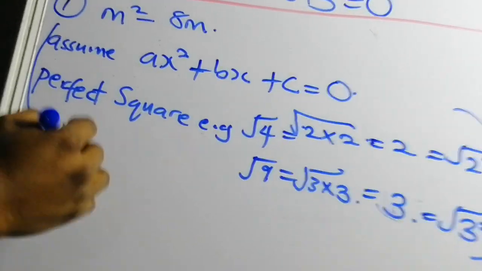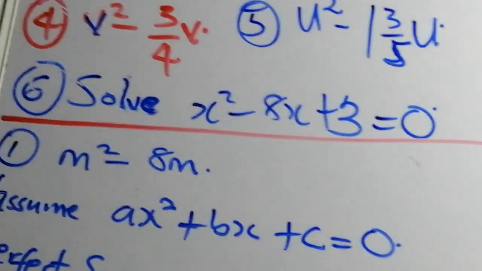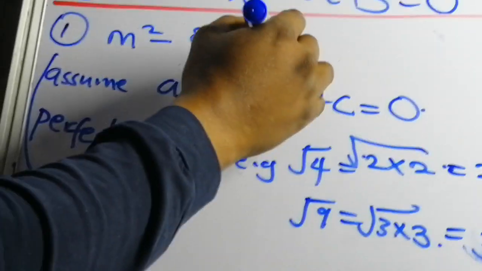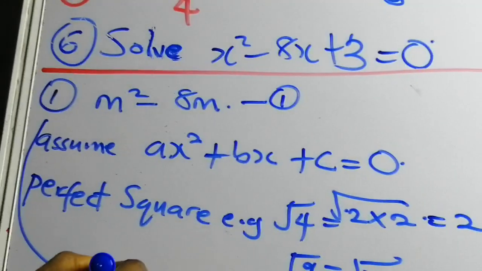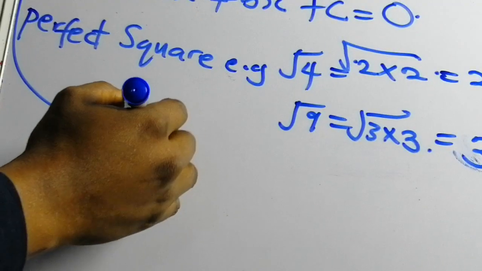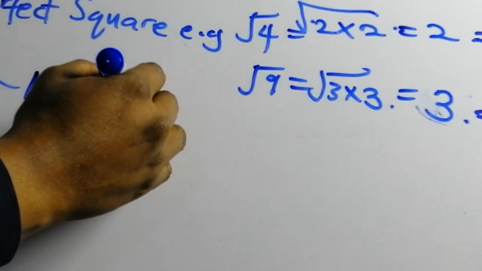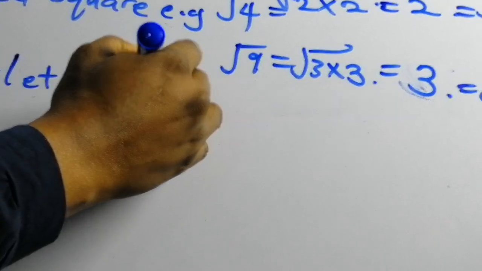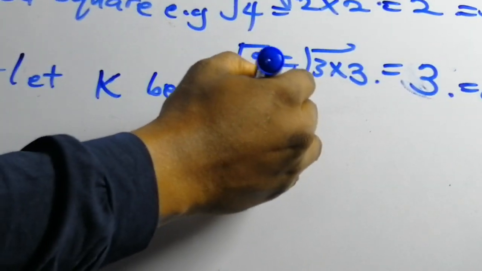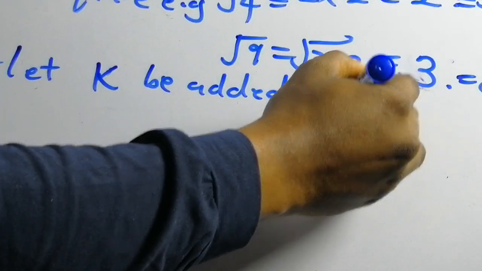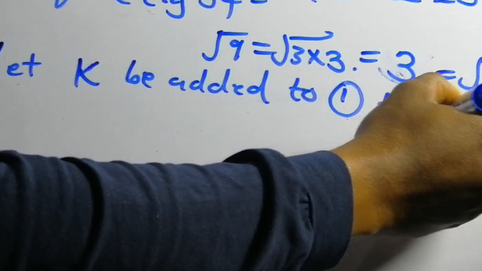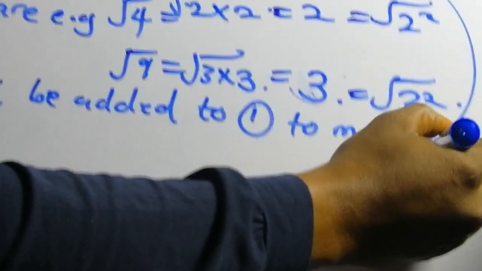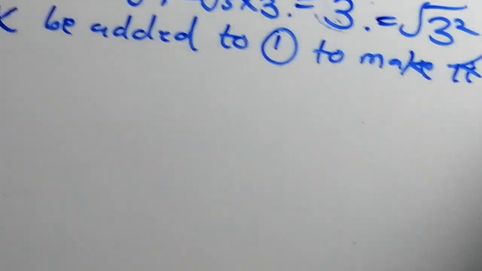Now, in this case, I need to introduce something. I can now say, let k be added to 1 to make it a perfect square.